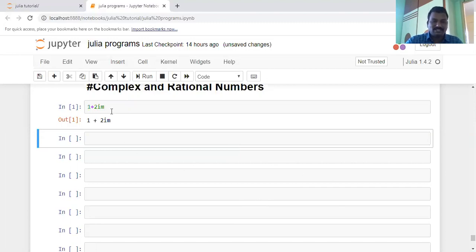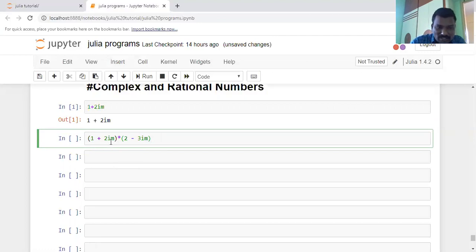Let us take a simple operation, addition and multiplication. I am going to operate on two complex numbers. Let us take 1 plus 2im as one complex number, and 2 minus 3im as the other.